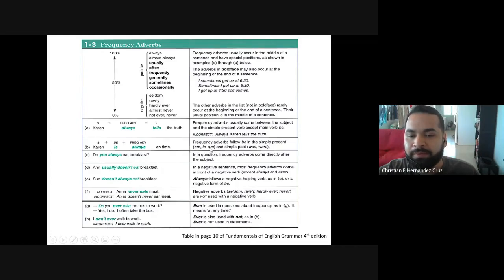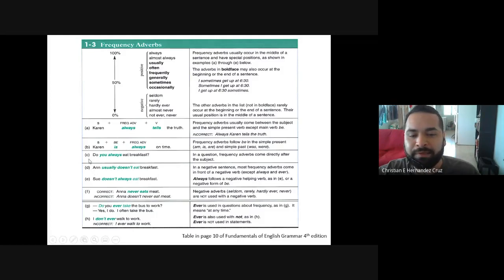Those are the be verbs. And in the simple past, we use was and were. Okay, so we could change this be verb here from is to a simple past be verb, which would be was. So Karen was always on time. That's if Karen has passed away or if she's no longer arriving on time.